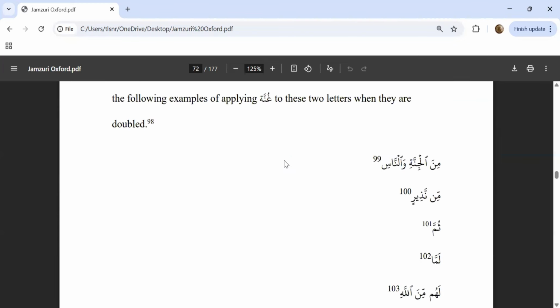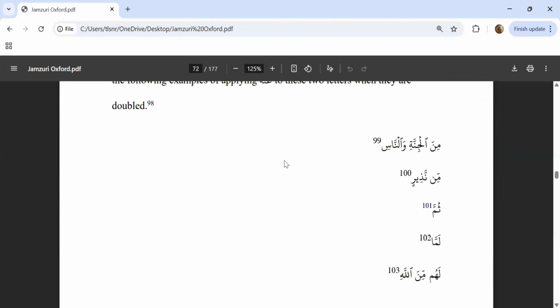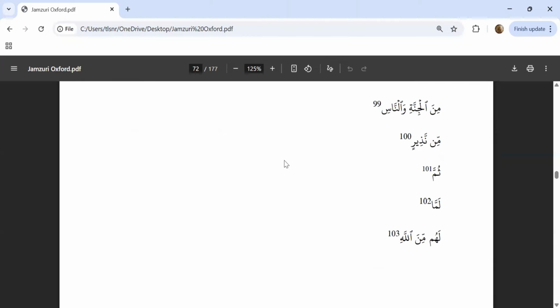Before we look at the line, let's take a look at some very simple examples. Mina Jinnati wan nas. Again, there are countless examples in the Mus'haf where we have a noon and a meem with shadda.